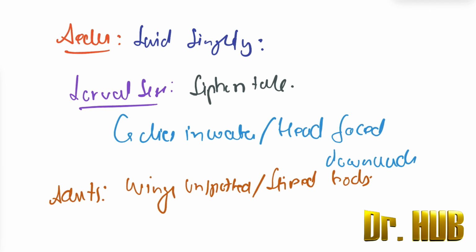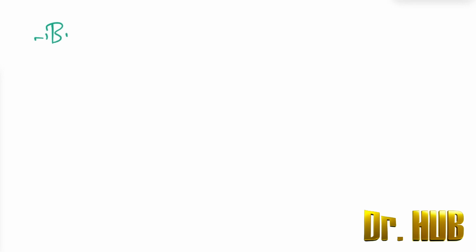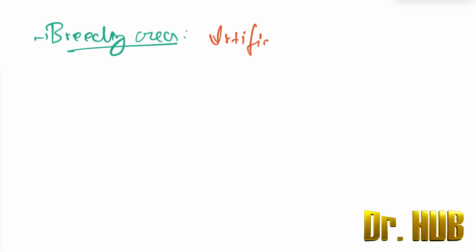Then let's look at the breeding areas. Breeding areas include artificial collections of water. Then come the diseases.